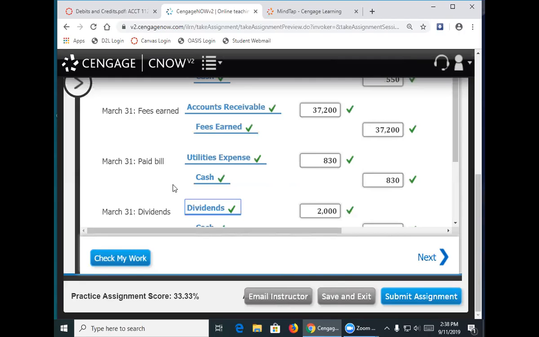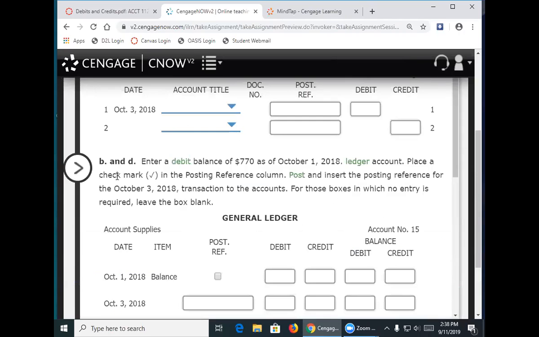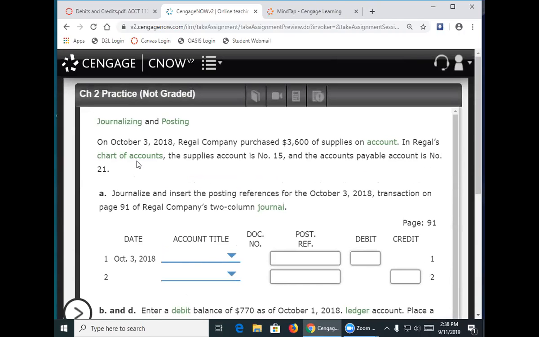Dividends is its own account, it's not actually an expense account. It functions like an expense, it increases on the debit side, but we keep track of it separately. They threw that one out there to trick you as well. There's no dividends expense account.